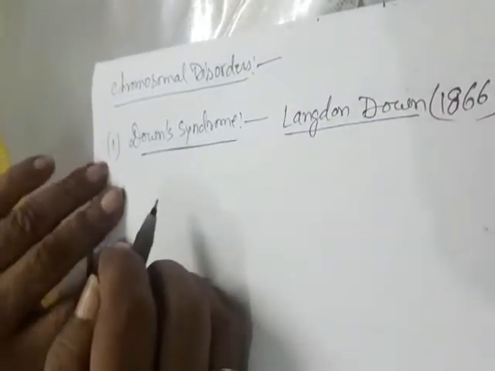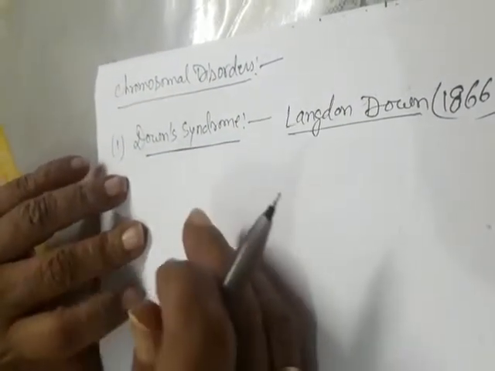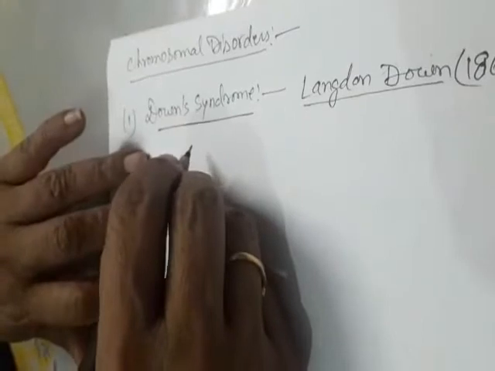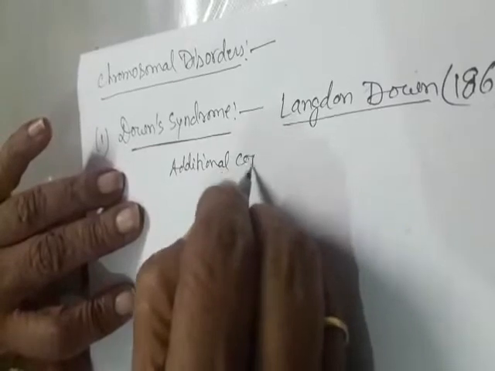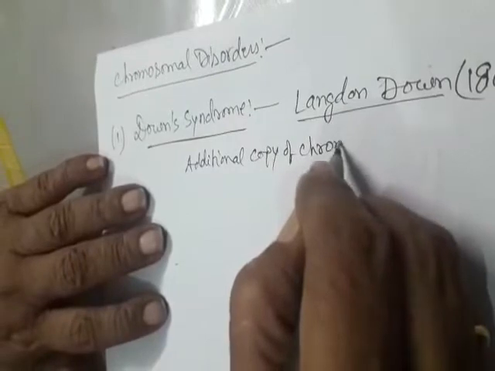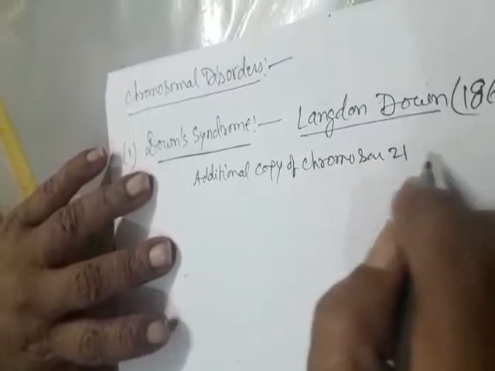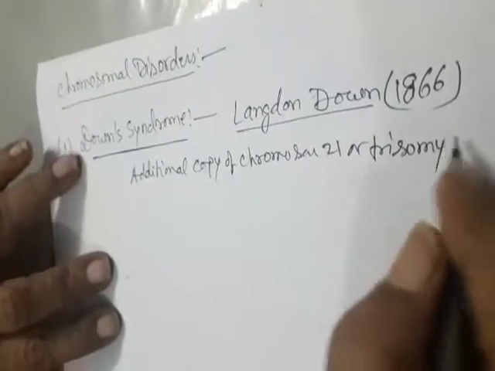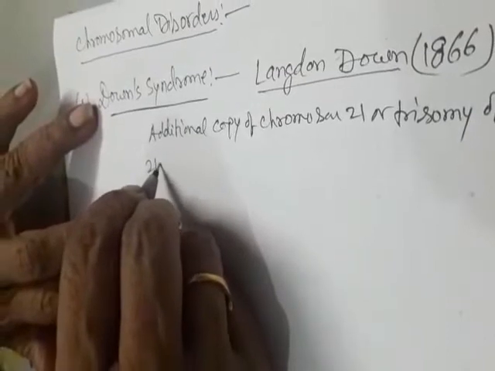It occurs due to the presence of an additional copy of the 21st chromosome, or trisomy of the 21st chromosome.